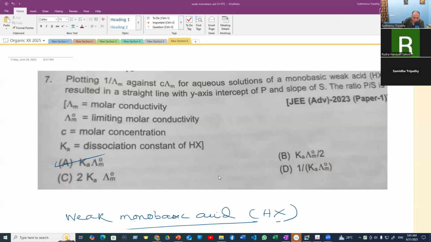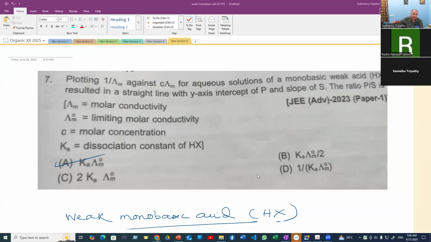it seems from this question that the slope has to be positive because we had a graph of lambda m versus root C for strong electrolytes.